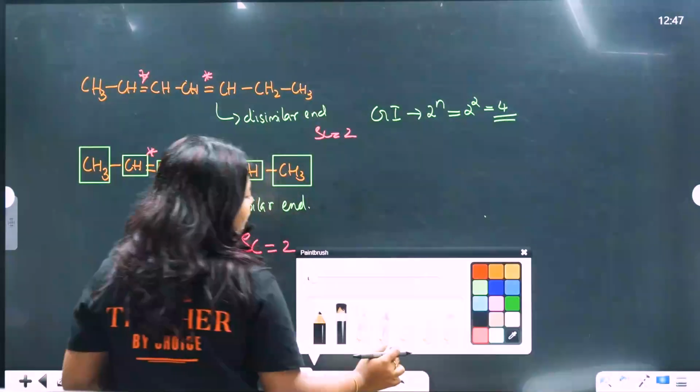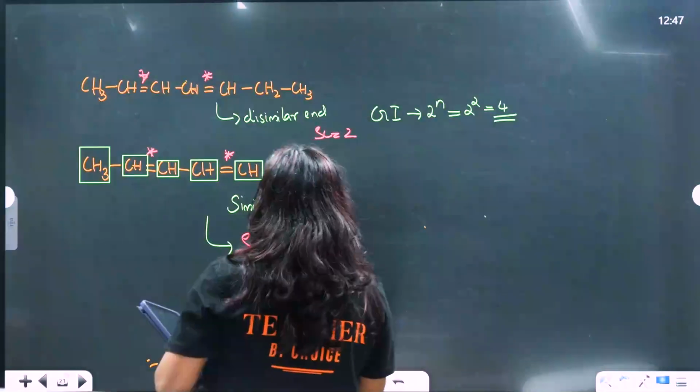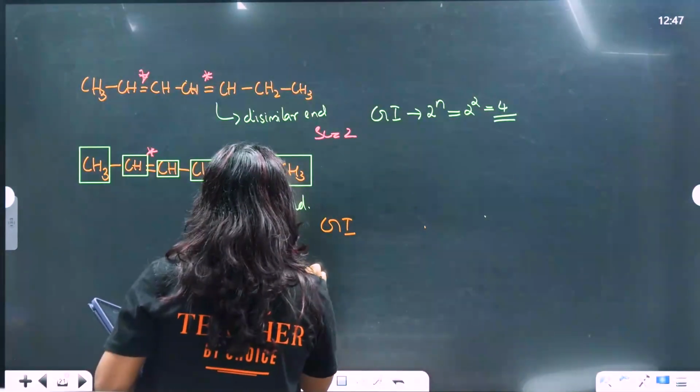And how to find the equation for the geometrical isomerism? Here n is an even number.